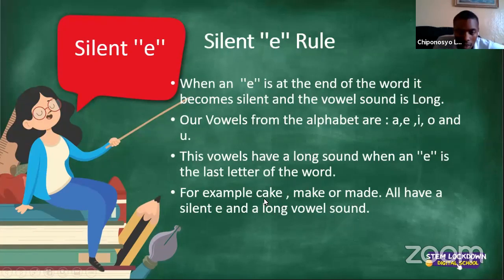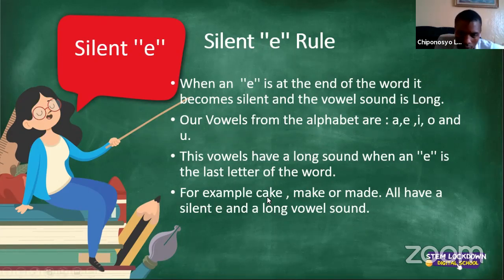But the vowel A, because A is part of the vowels. Vowels are A, E, I, O, and U. Our vowel here becomes long. That's why when we say cake, we don't say the E.